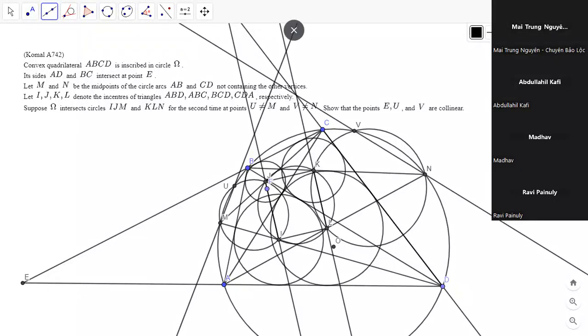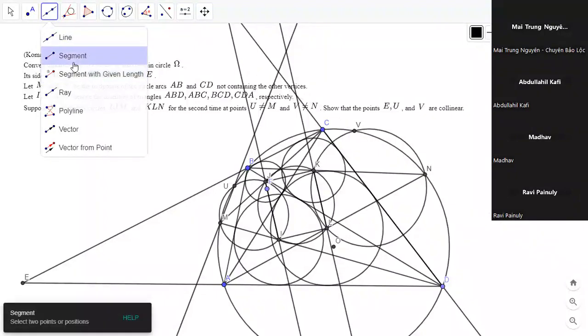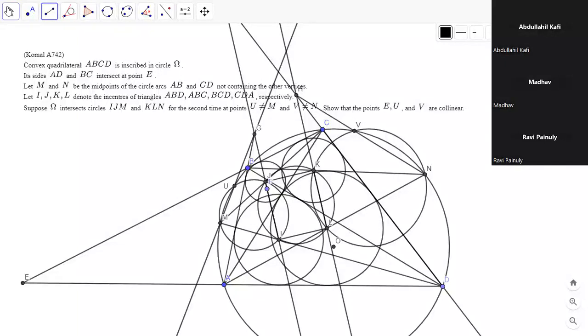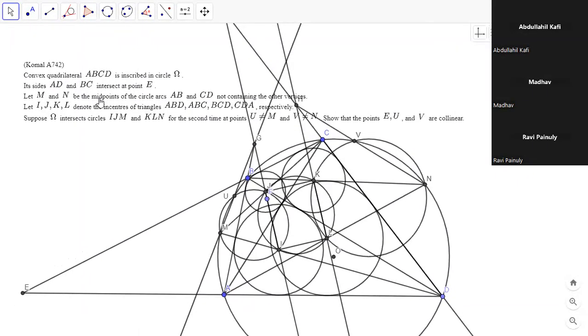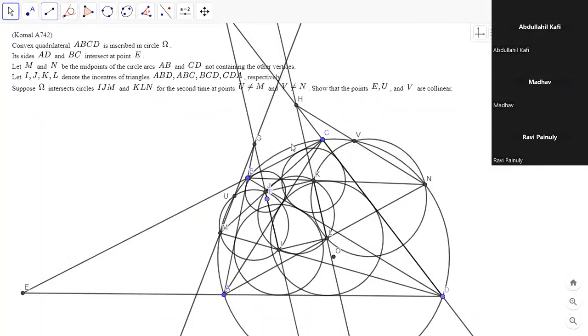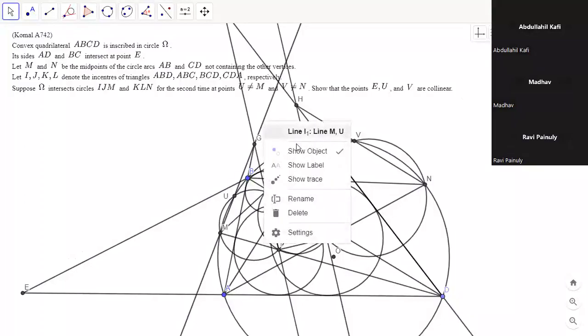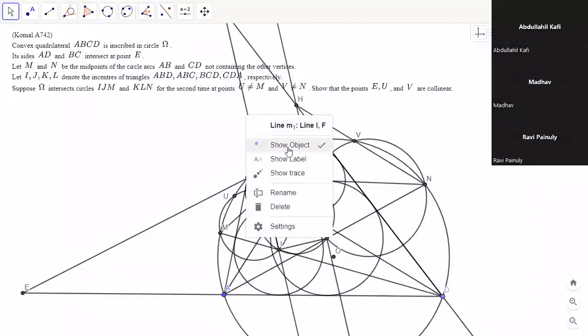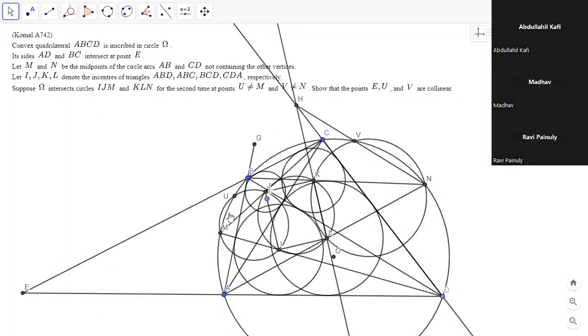Okay. Let me just do it like this. This point, homothetic centers. But yeah, we know they do, because Stefan said by the radical axis theorem.